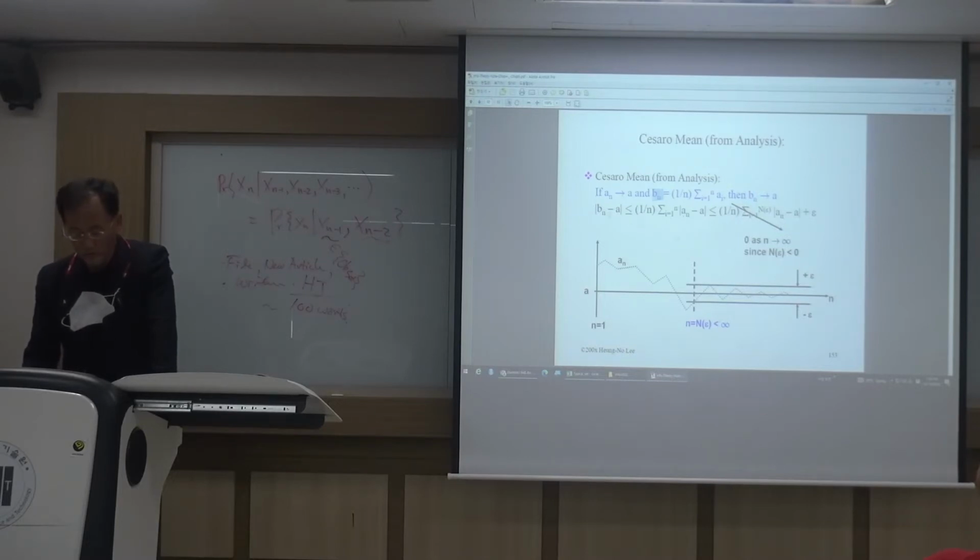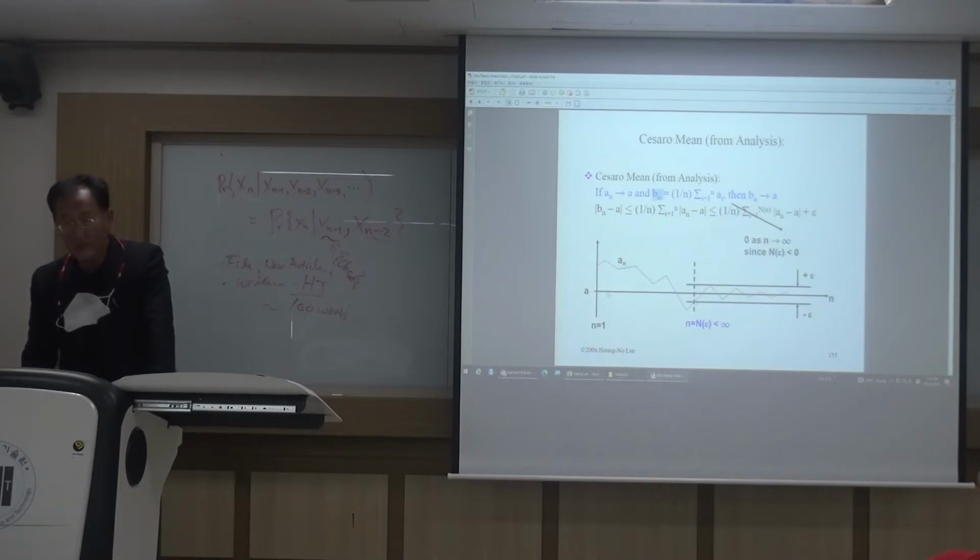If we consider Bn minus A, that is 1 over n times a summation. By the definition of An, we can show that it is a summation of numbers where the sum is finite, all the way up to n epsilon, where n epsilon is defined to be this number here.